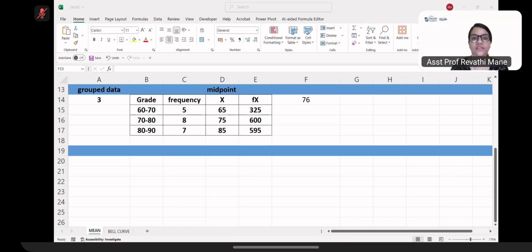Next, let us understand the properties of mean. There are 3 important things which you have to remember about the mean. First, the sum of deviations from the mean is always 0. That is, summation of (x minus x bar) is always 0.